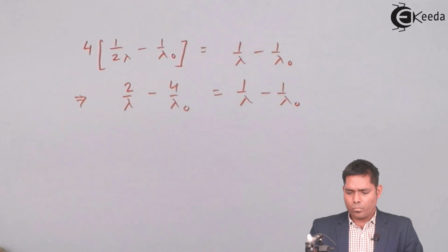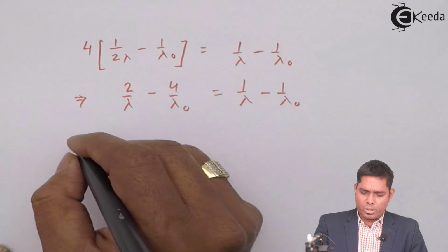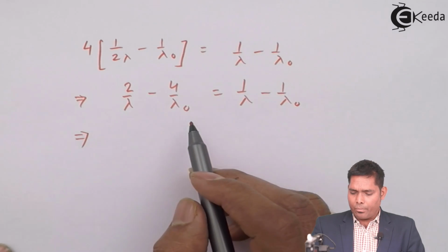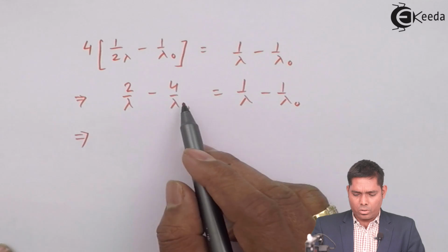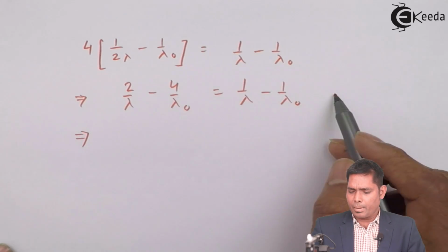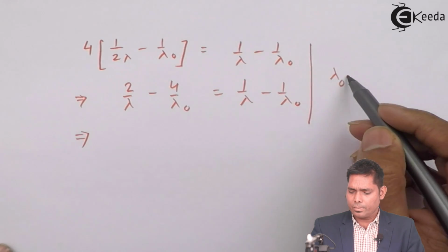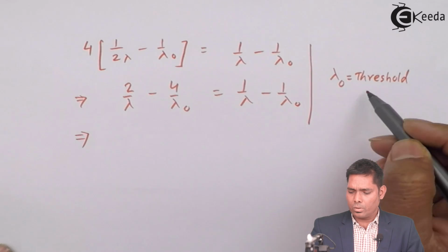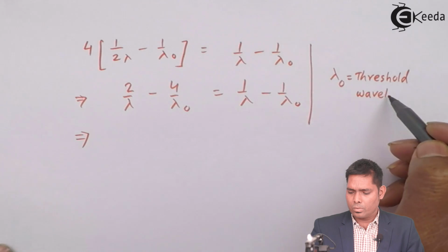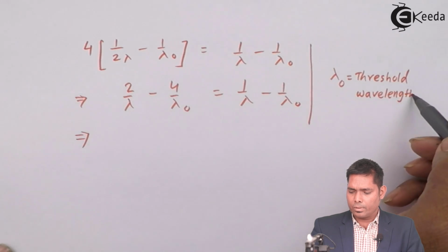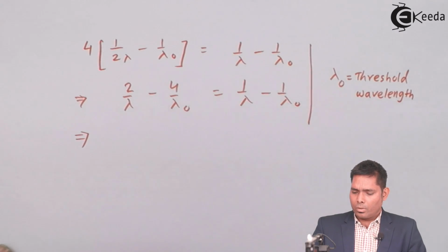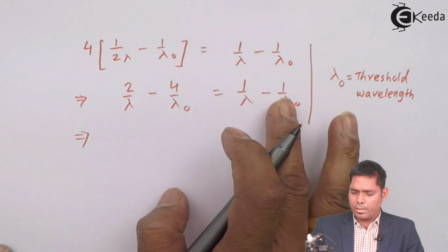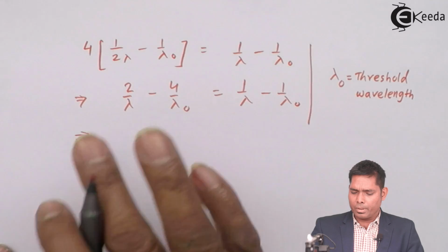I want lambda naught, the threshold wavelength, so I'll keep that side and bring the other terms to the other side.